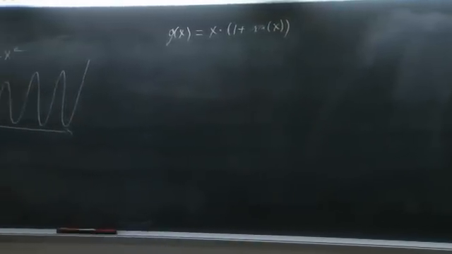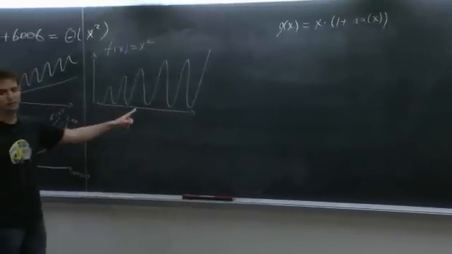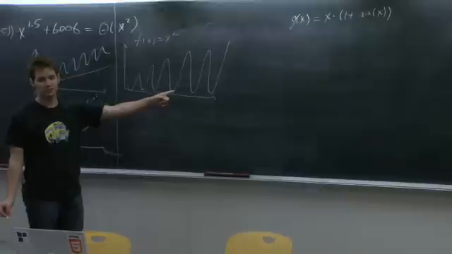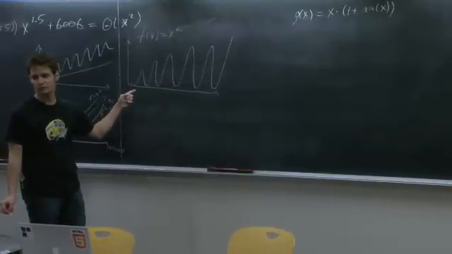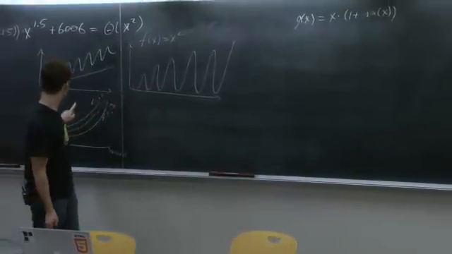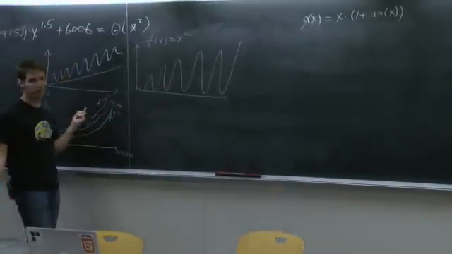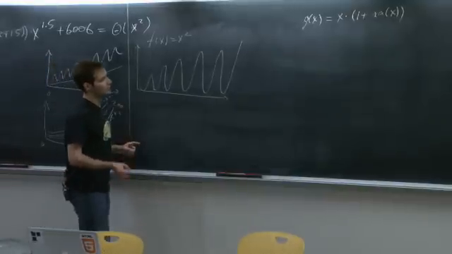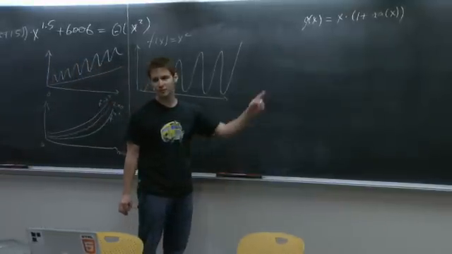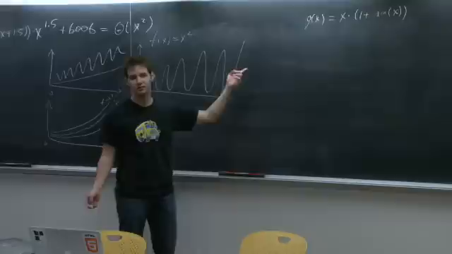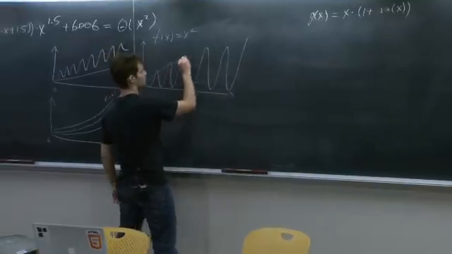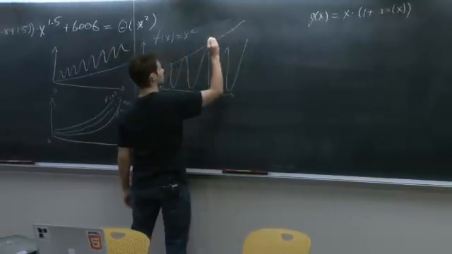So I can't say anything about the lower bound of this. This is going to hit 0 at an infinite number of values, right? So I can't have a nice lower bound for it. The lower bound for it is 0. But I'm pretty sure that it's never going to be bigger than 2x, right? And that's still worth something. So there's this other function here that's supposed to be a line.